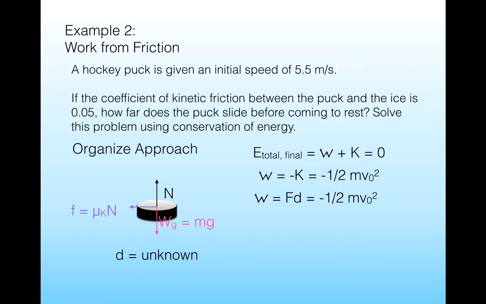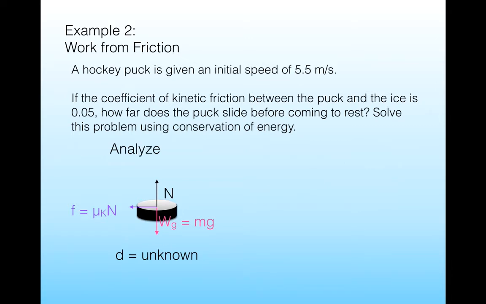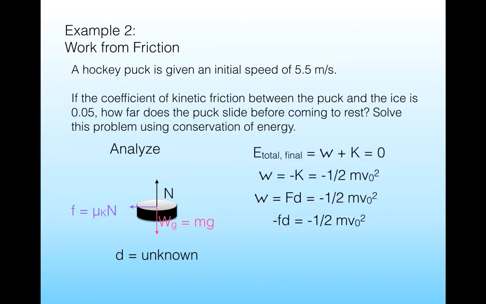So we can replace the work with F times D again, as we had before. And using this equation, we can see that F is negative in this diagram that we've drawn here. So we have negative little f, the frictional force, times D is equal to a negative 1/2 mv naught squared.